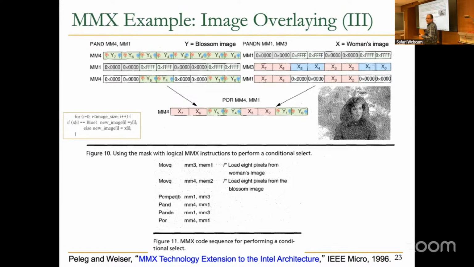You can check it if you are interested with these ISA extensions. But of course, your picture might have thousands of pixels, and this architecture only provides 8 pixels. So you also need to have a loop here, and you go over all the pixels and make sure to finalize your picture. Does it make sense?